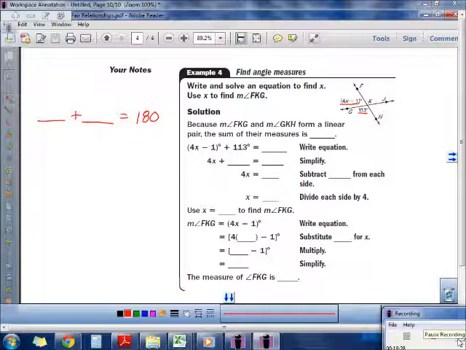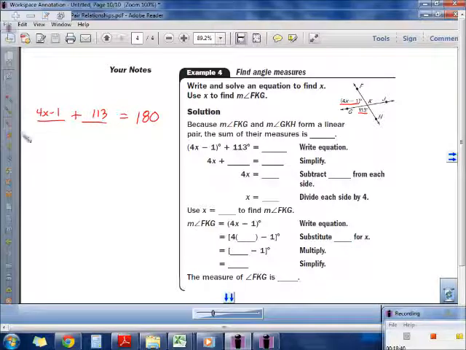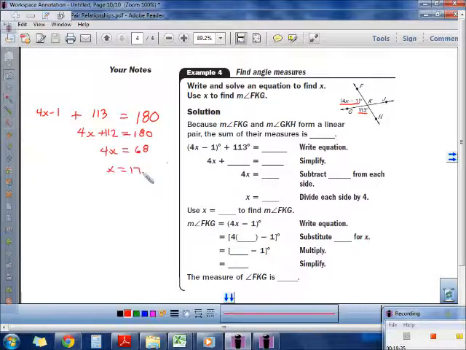So we got to now substitute those values in the picture into these blanks. So the first blank we'll say is 4x minus 1. What's going to go in the second blank? 113. Now it's some simple algebra. I can get rid of my blanks so I don't confuse them with division. Now when I take that value for the x and substitute in to find FKG. Well, here's FKG.